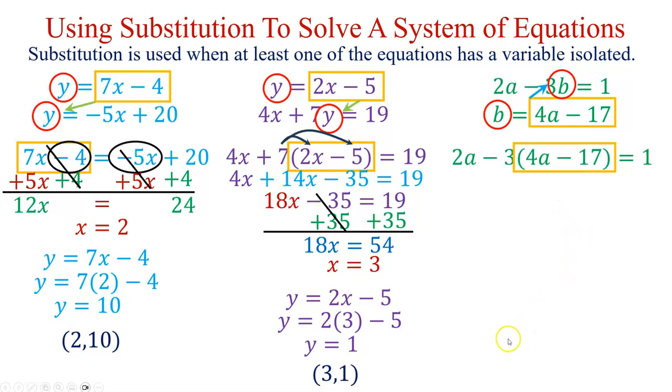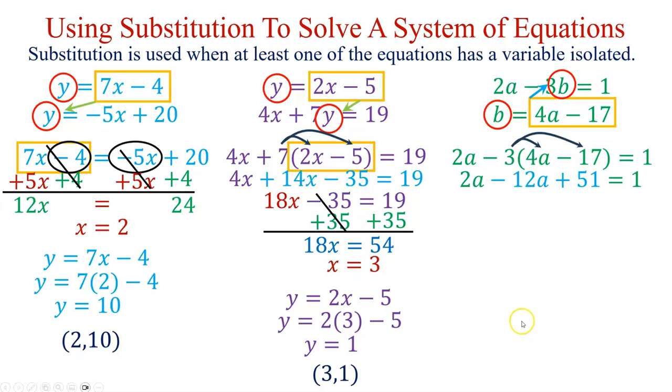So just like the previous problem, we'll apply the distributive property. I'll distribute this number here. Now be careful, that's not a 3, that's a negative 3 that will be distributed. So negative 3 to the 4a and negative 3 to the negative 17. Well, negative 3 times 4a is my negative 12a, and negative 3 times negative 17 is positive 51.